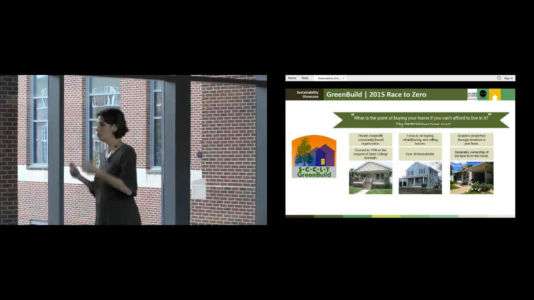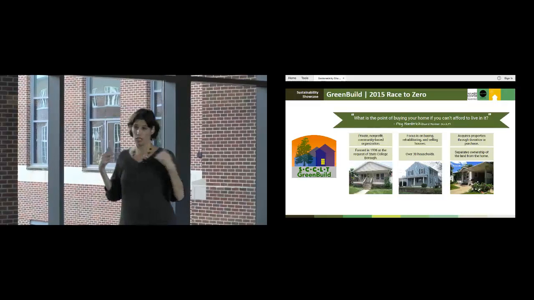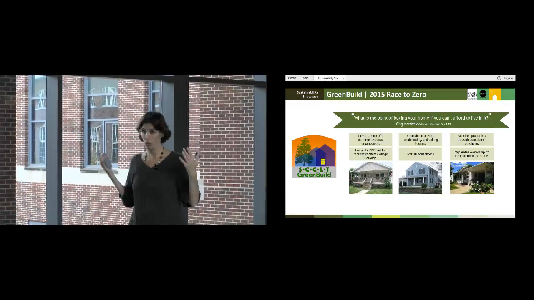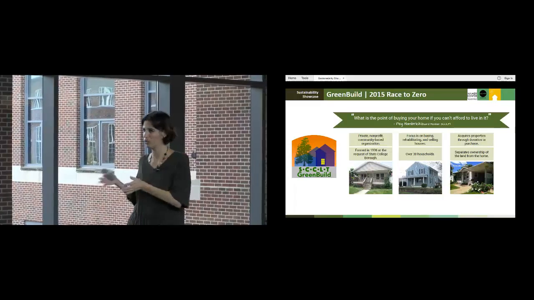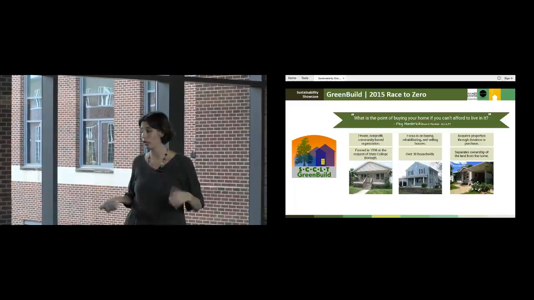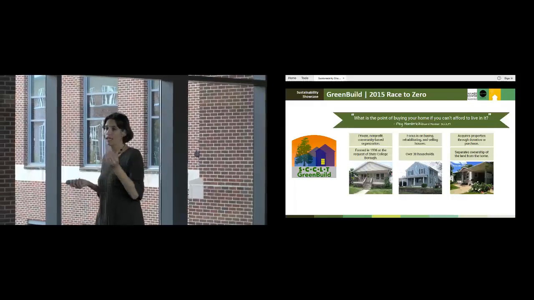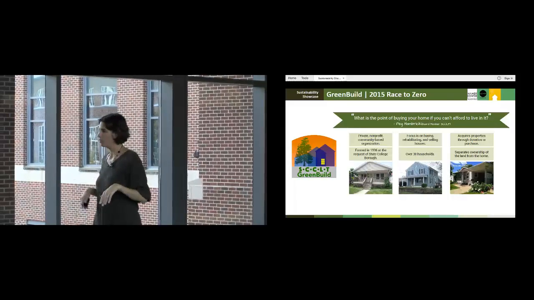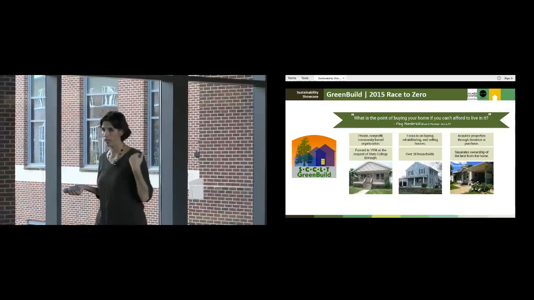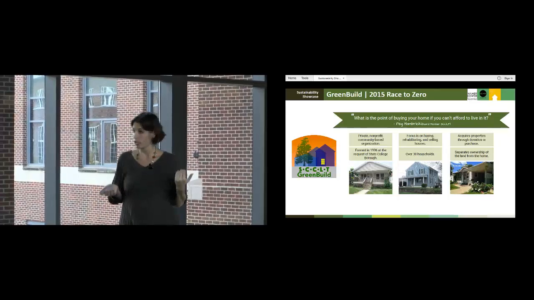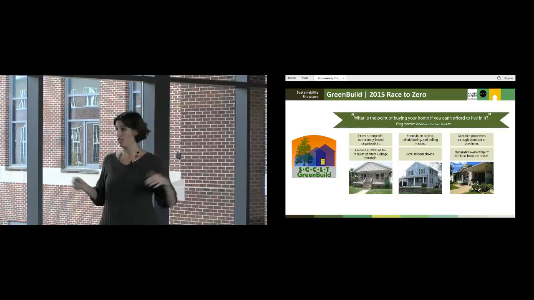So the homeowner owns the house. They can use the house as their own. They can make improvements to the house as long as they don't take it outside of the market of affordable housing. But what the land trust agreement does is it takes 30% off the top of the mortgage, because basically the residents don't own the land. They have a 99-year lease. They use it like it's their own.